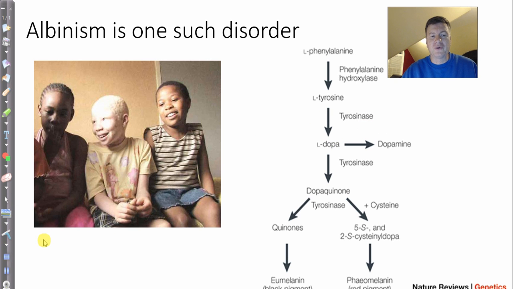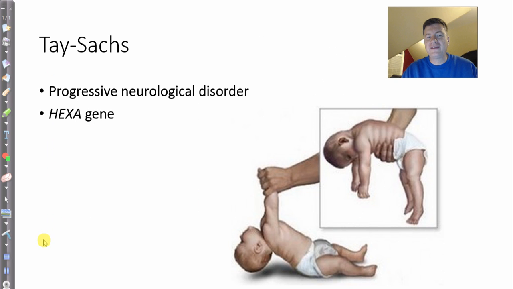Let me just show you one more example. Tay-Sachs disease is a progressive neurologic disorder. Babies will begin to develop the symptoms usually around 6 months if they have this condition. In this case, they have a defective gene. It's called the HEXA gene. This gene is involved in controlling lysosome activity.